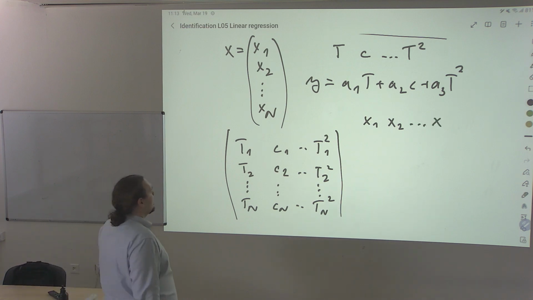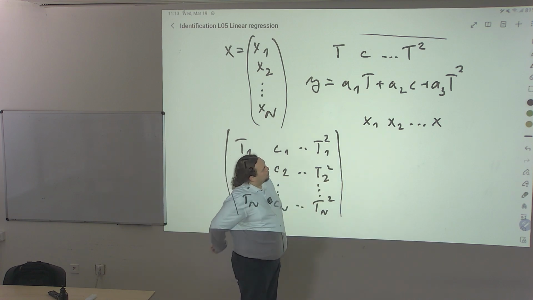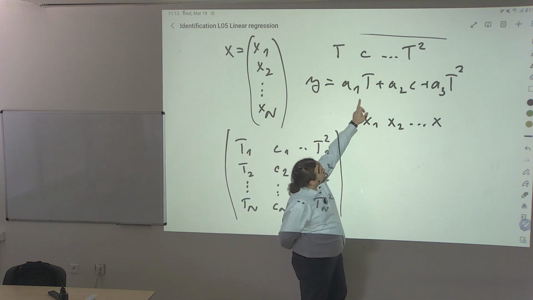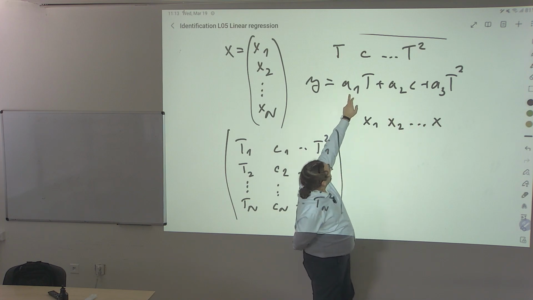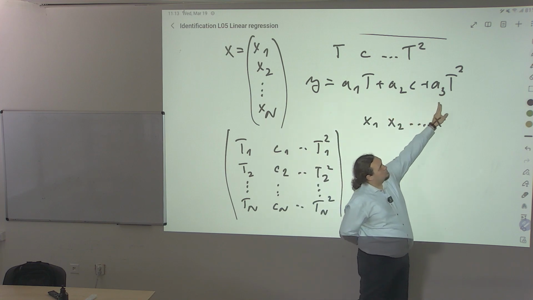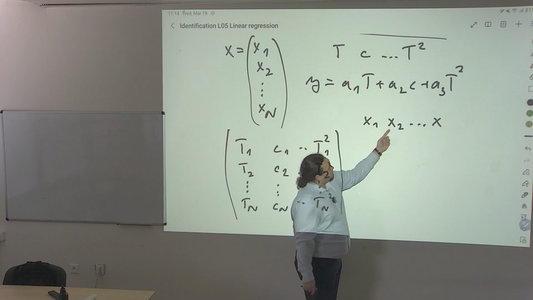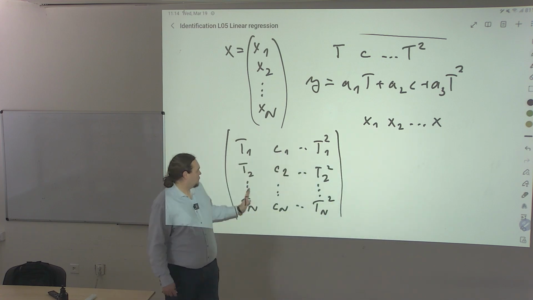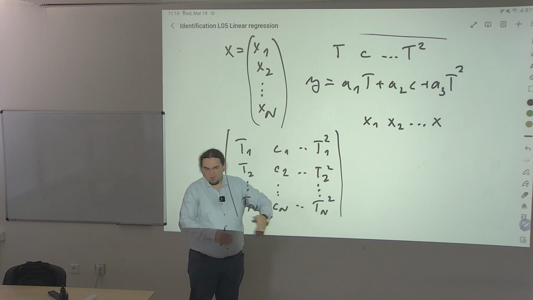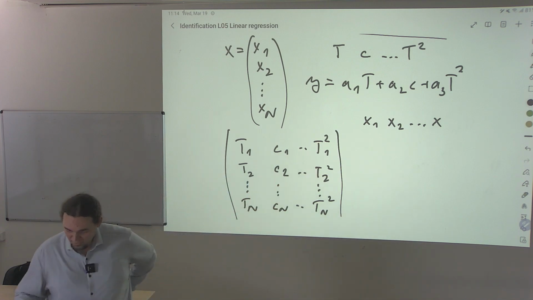And how many of these variables in general will there be? Well, if we constructed this model, we just have one parameter, second parameter, third parameter, because we had three independent variables. So for each column, each variable or its transformation, we will try to find one parameter.